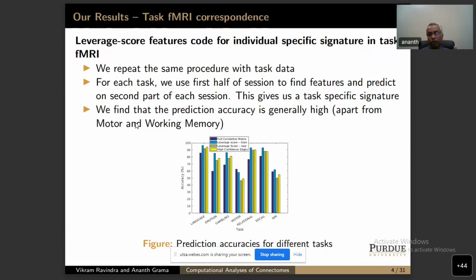And that's why when you average over these things, we don't actually get a good time signal. But that's not to say that there's something fundamental about these. It just says that this particular method does not give us good accuracy on motor and working memory. If we were to take a segmented version of these time series, we should be able to increase the prediction accuracy and the signature accuracy of these tasks much higher as well.